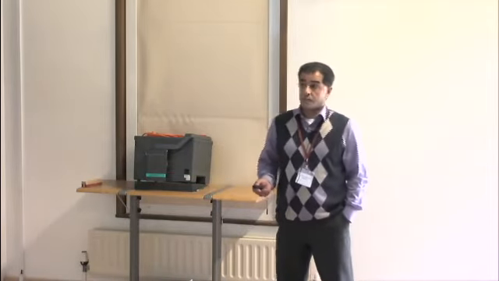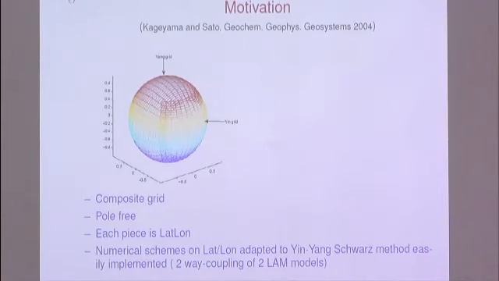Yin-Yang was introduced by Kageyama and Sato in 2004. It's basically a composite grid, an overlapping grid, not a matching grid. It's pole-free and is composed of two pieces of lat-long.